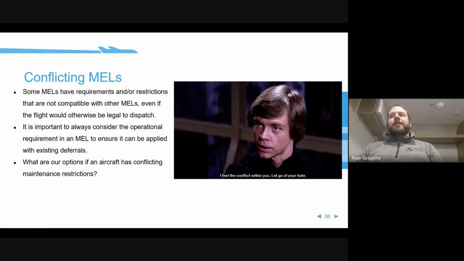A lot of times, if you see that, it's because the aircraft is either actively getting fixed, but both MELs are applied because they have to do the write-up in order to do the maintenance procedure, or because it was applied and they are actively in the process of trying to replace the aircraft.